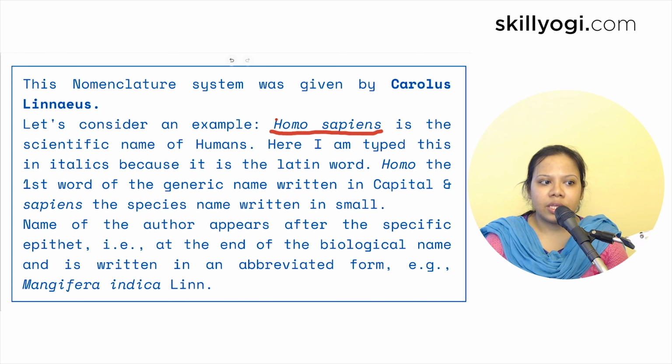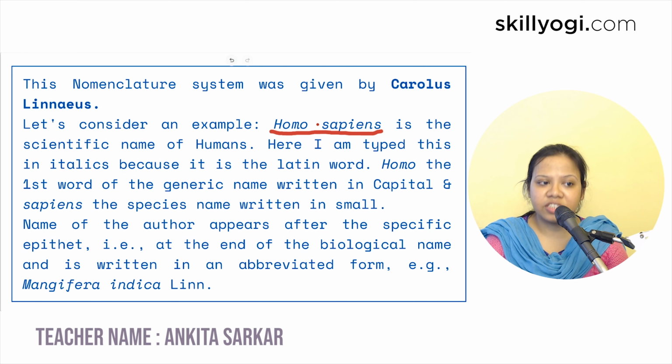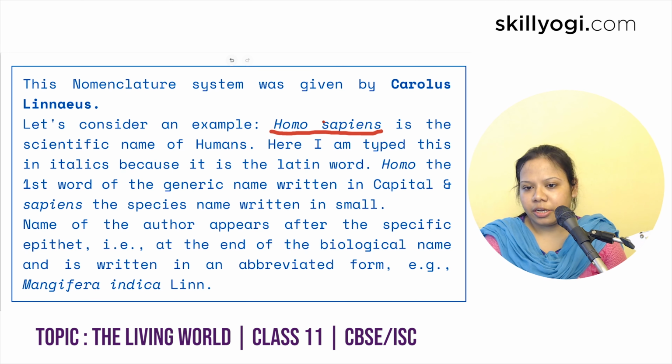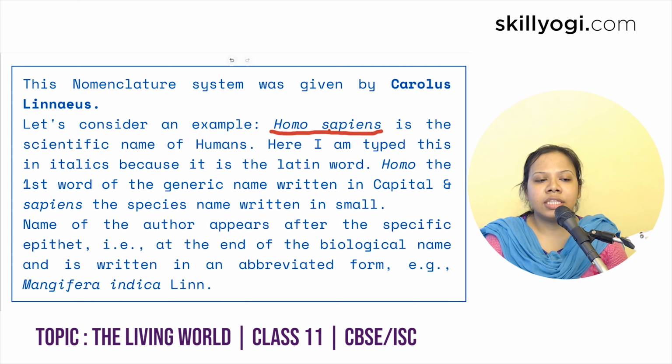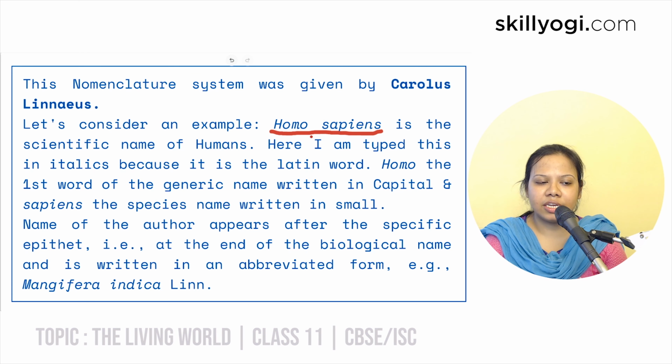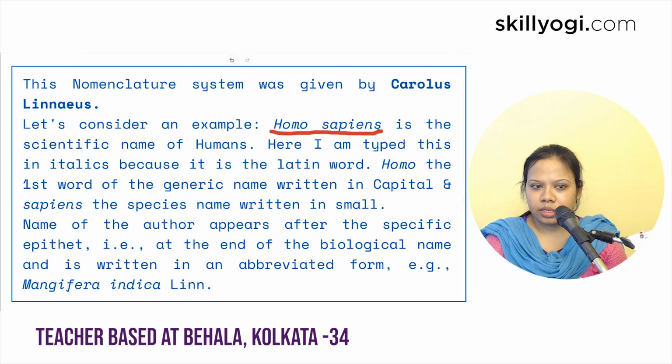The first letter of Homo, that is H, is written in capital, and the first letter of the species name, sapiens, is written in small letter. You can see that it is written in italics.